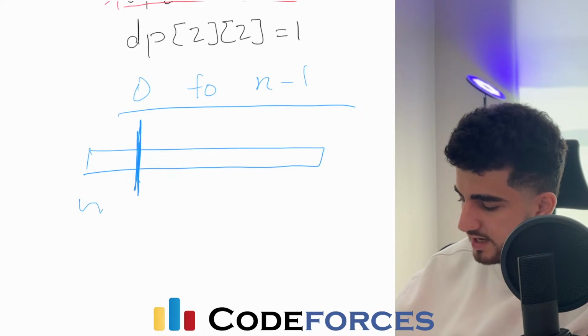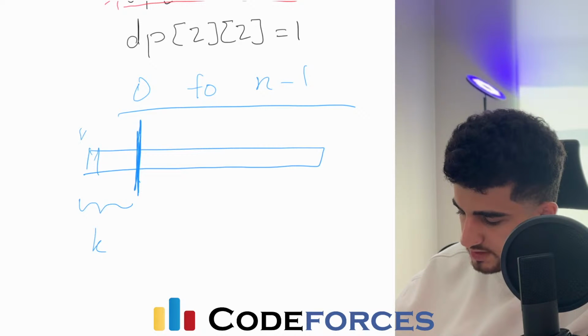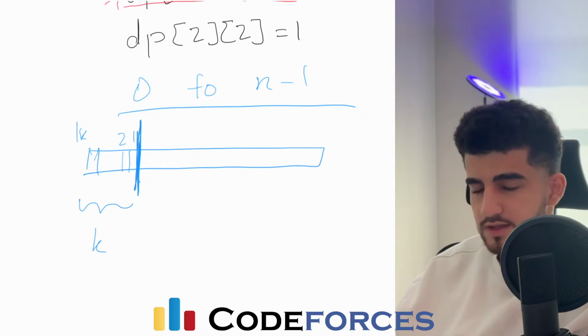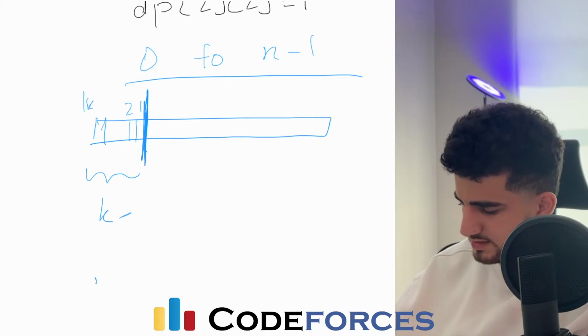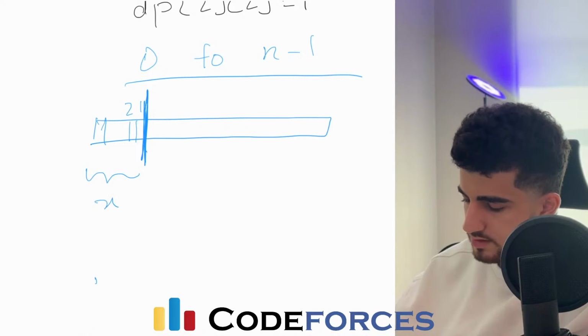Assume that initially I have a block of size k. It means that the first number should be k, the second one should be k minus 1, and so on down to 2, 1. Then my answer is going to be, let's say instead of k we have x, because k is the number of different numbers we have.